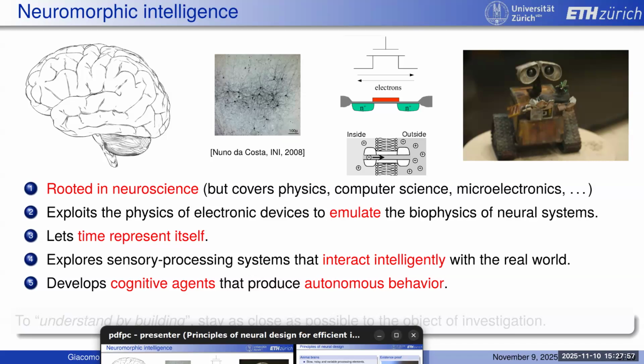But we also, of course, have to build electronic circuits. So we use microelectronics, physics. We try to exploit the physics of these devices to carry out computation. We don't discretize them to zeros and ones and then use von Neumann architectures. But most importantly, we compute through time. We let time represent itself. This is what Carver was also saying. So this is really the big important factor.